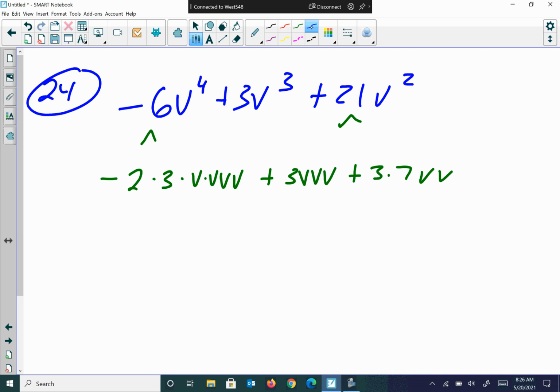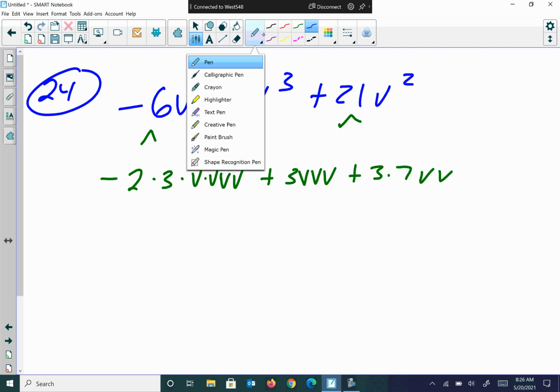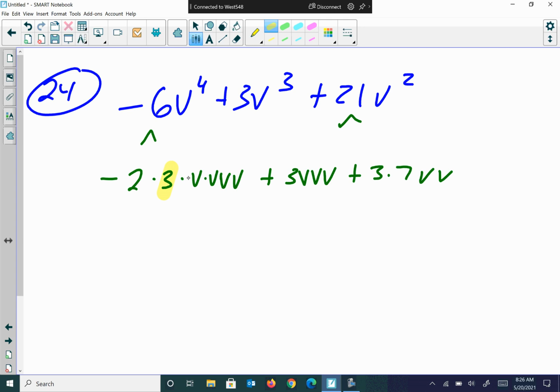So it looks like I have 3. Is there any other numbers in common between those? And then I happen to have 2 v's total I could take out of each.